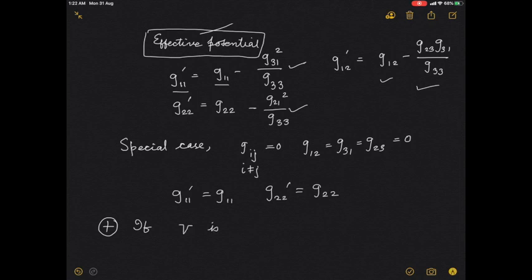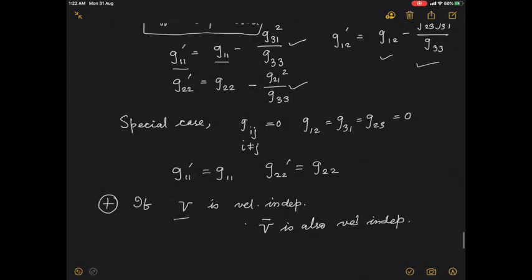If the original potential is velocity independent, then the final potential V bar is also velocity independent. Why do I come to this last point? Because this will be the case for the central force, so we'll see it there.